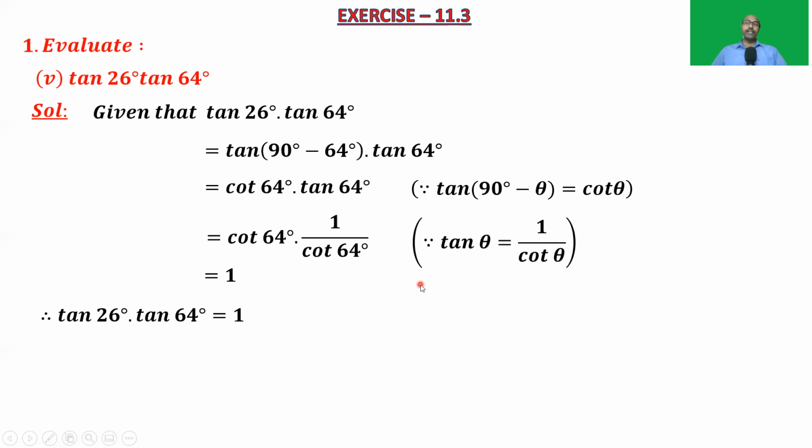And let us solve the second problem. Show that tan 48 degrees, tan 16 degrees, tan 42 degrees into tan 74 degrees is equal to 1. So we have to show that the product of these four trigonometric ratios is equal to 1. So take the LHS of the given equation.